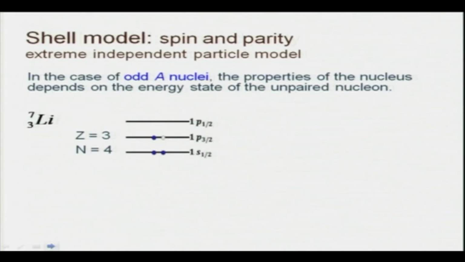All right. But what is the assumption? There are different versions of this shell model. One is called the extreme independent particle model, which says that all the properties of the nucleus, like the spin and parity etc., are decided by the neutron which is unpaired.